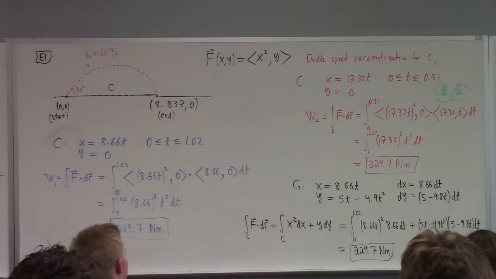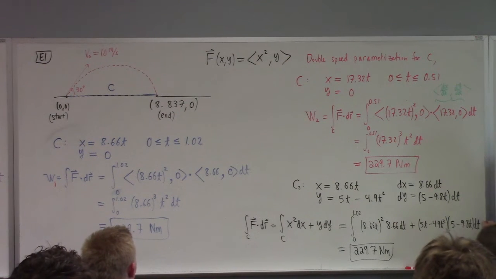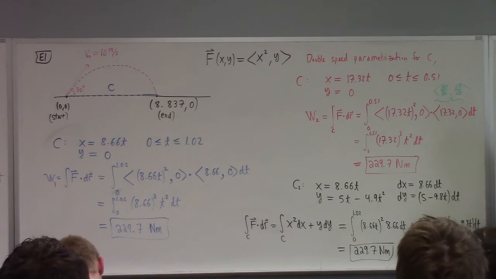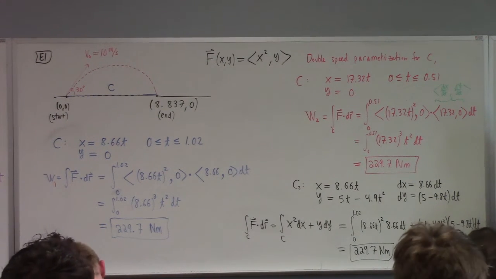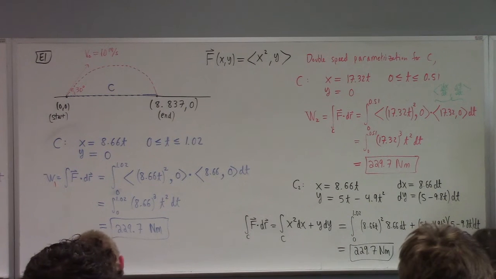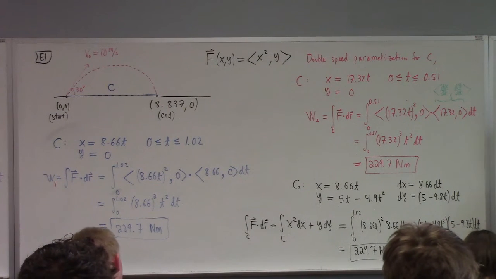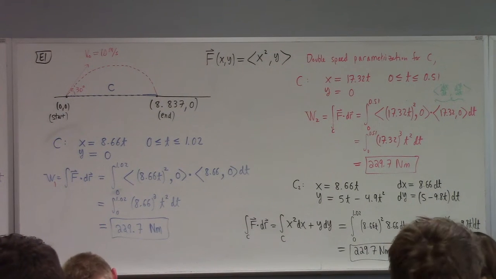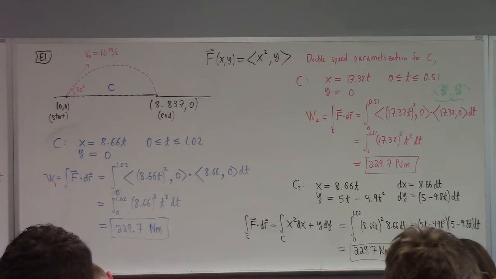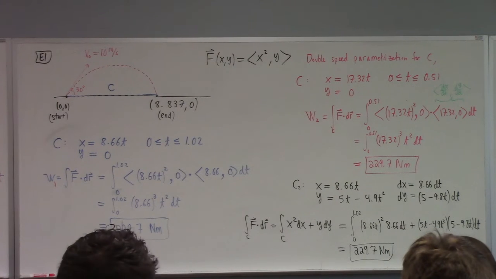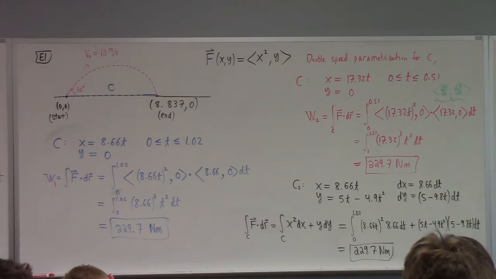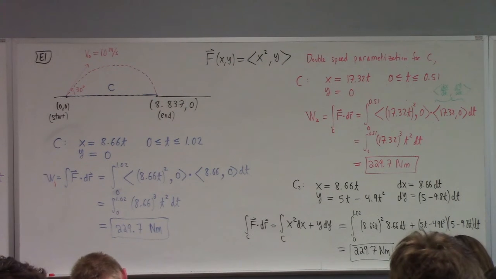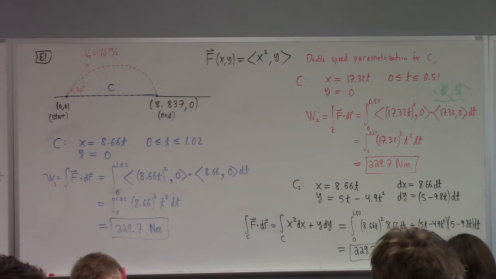Let me give you a definition of that. Let's say F has path independence on U, which is a subset of, let's say, Rn. We pretty much want to be able to think two-dimensionally or three-dimensionally, but I'd rather give one definition for both, so basically n is 2 or 3.